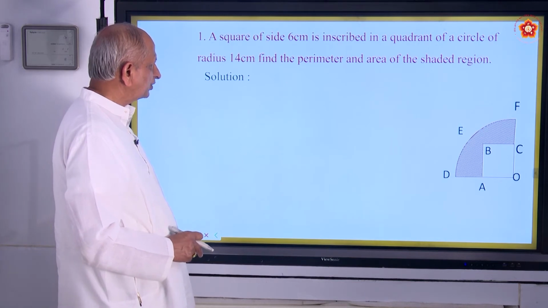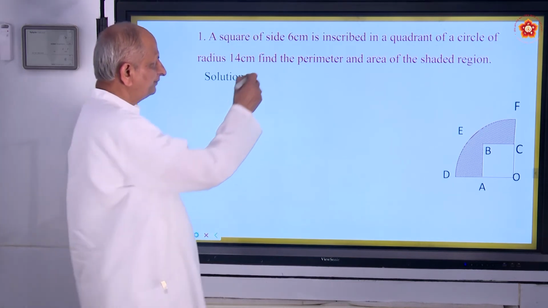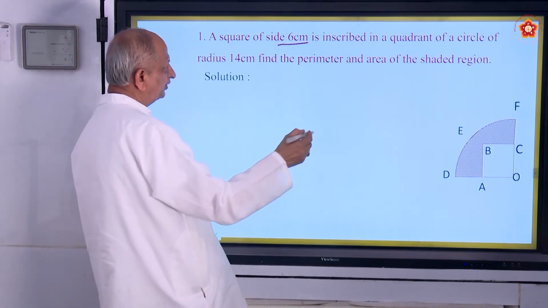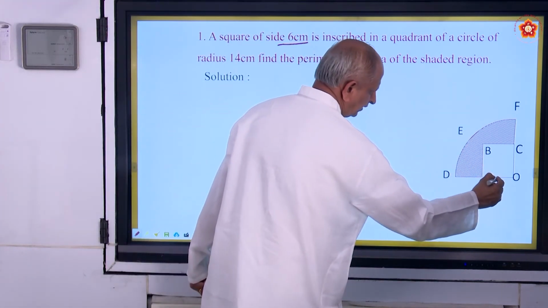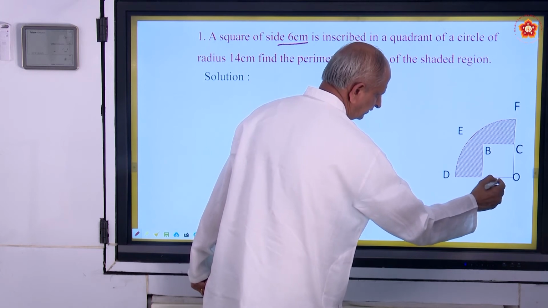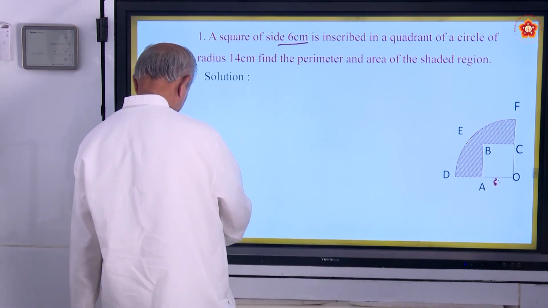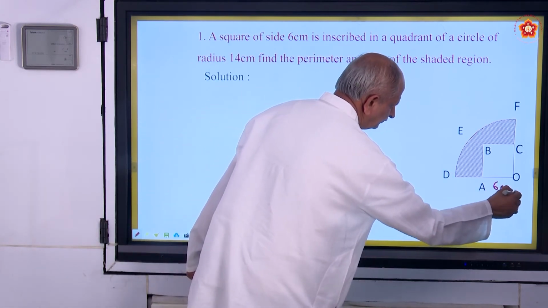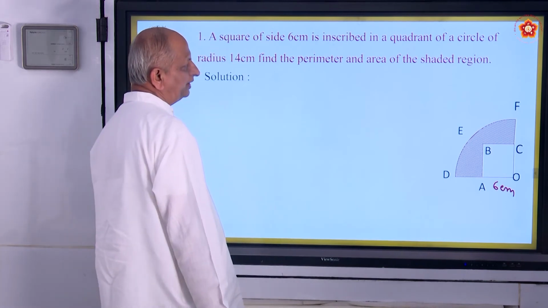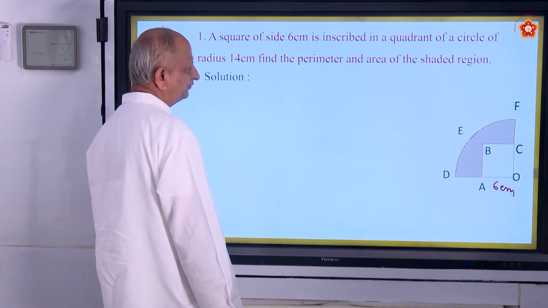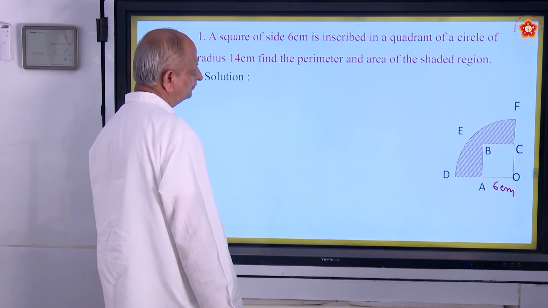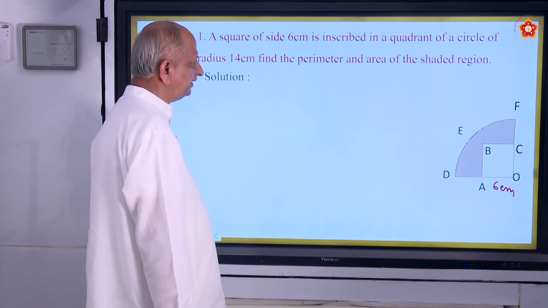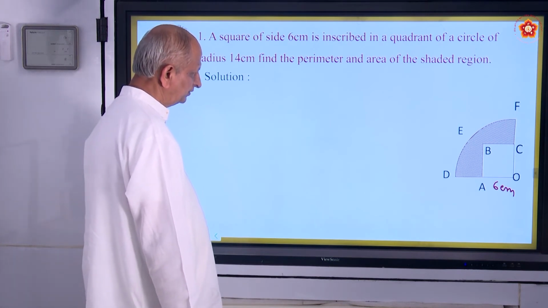A square of side 6 centimeters is inscribed in a quadrant of a circle of radius 14 centimeters. So here is a square, the side of the square is 6 centimeters, and the radius of the circle is 14 centimeters.